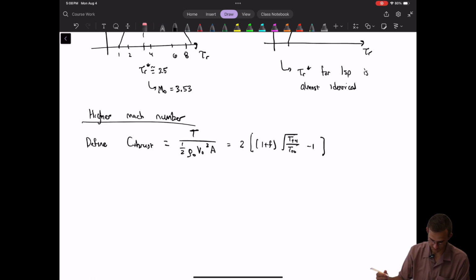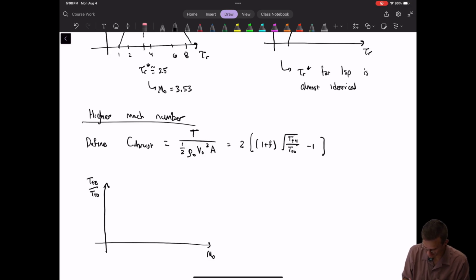Then we can also figure out what the energy balance, what TTE over TT naught is, in terms of M naught, but the punchline is the following. I'm going to draw just these two plots. TTE over TT naught is approaching 1 here, and it goes like this.